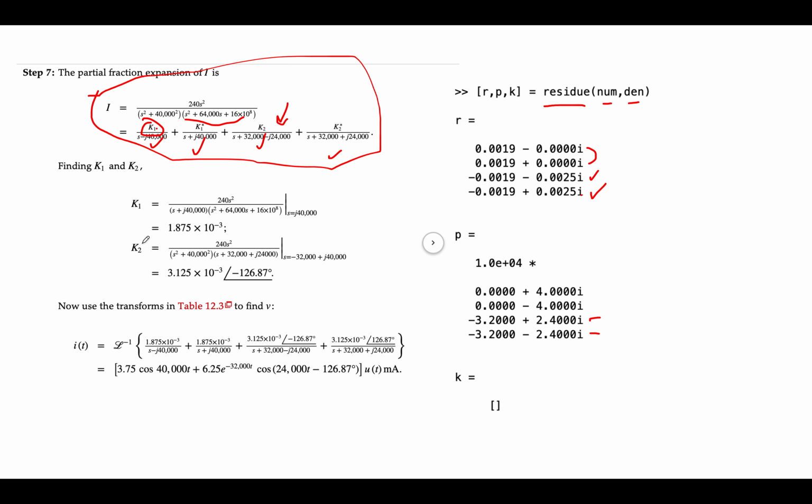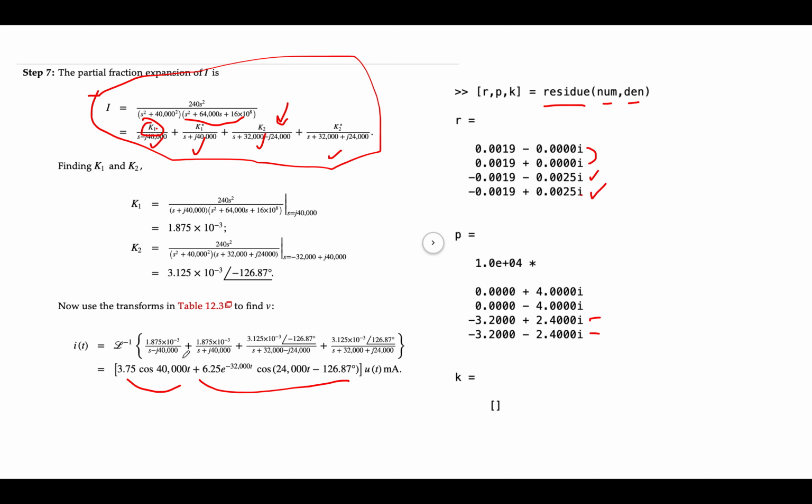So once we have K1 and K2, there is a table that was presented in the slides from last week that showed these 4 useful inverse transforms. So once you have it in this form, you can then transform that easily into, first of all, a cosine function, and then with a phase shift, and then a sinusoidally damped cosine function also with a phase shift.